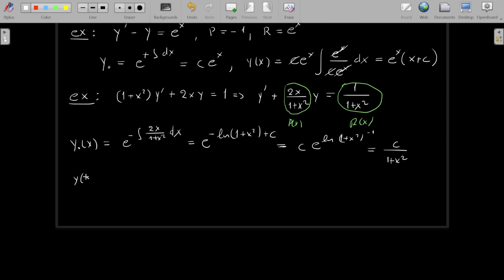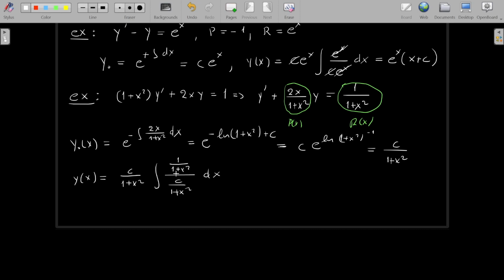And the solution is going to be c naught, which is this, times the integral of r of x, which is this, over this, dx.